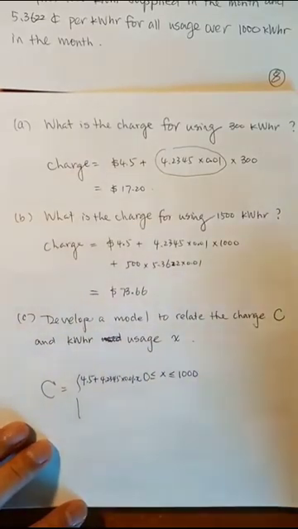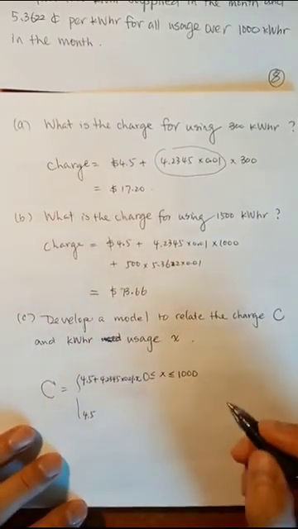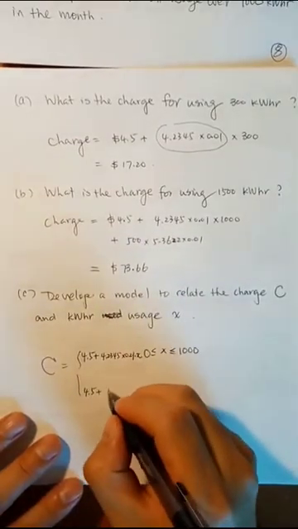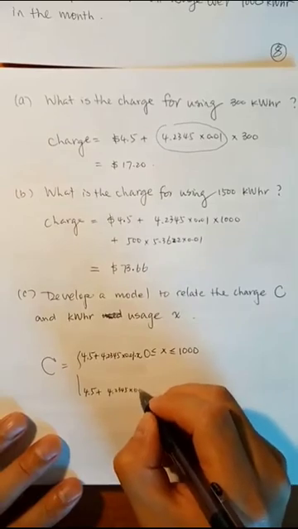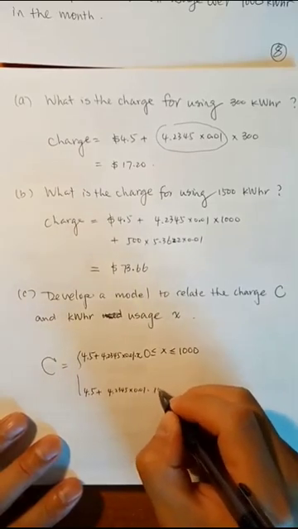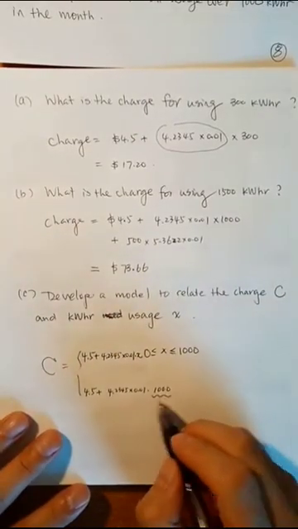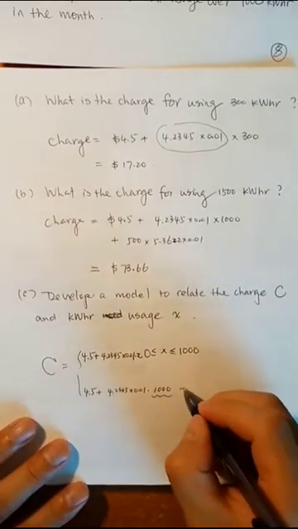If you use more than 1,000 kWhr, you have the fixed fee. For the first 1,000 kWhr electricity, you have this price.